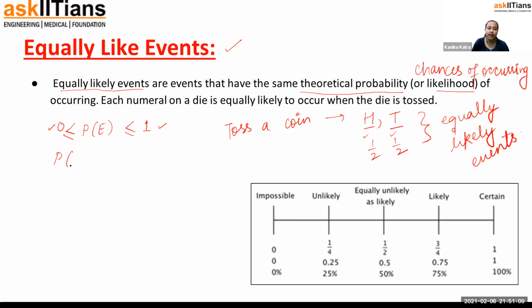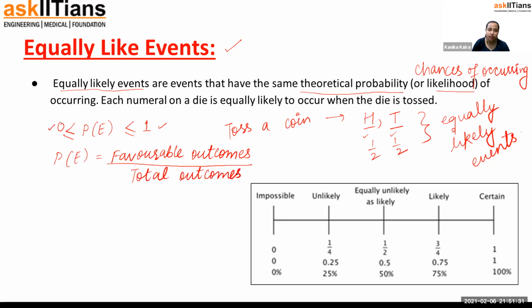Also, we know that probability of an event would be equal to favorable outcomes divided by total outcomes. Now let us assume favorable outcomes as m and total outcomes as n. So now we can say that probability of E would be equal to m by n.